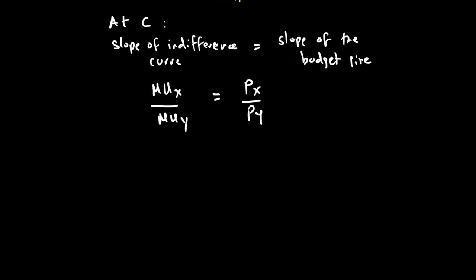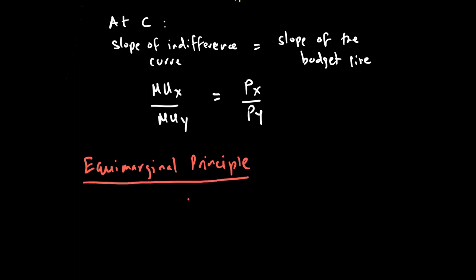Now if MUx over MUy is equal to Px over Py, this is actually our equi-marginal principle, which we proved in our first video on utility. So I can rewrite this as MUx over Px is equal to MUy over Py.